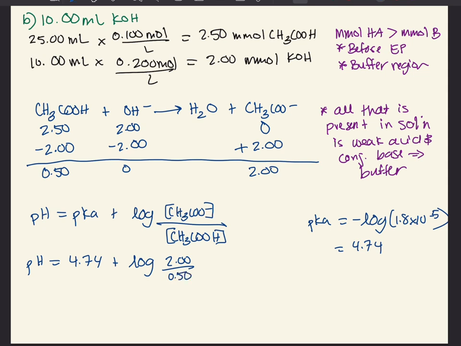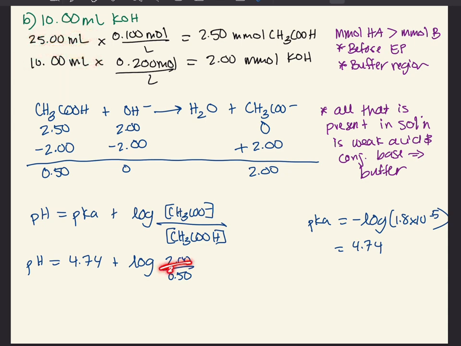Now I know some of you might be thinking, why are you plugging millimoles in when you need concentration? Well, mathematically, if I have something on the top and the bottom and I divide both of those numbers by the exact same number, realize concentration is moles over liters. So they have the same volume in our solution. I would add my 25 milliliters and 10 milliliters to get 35 milliliters.